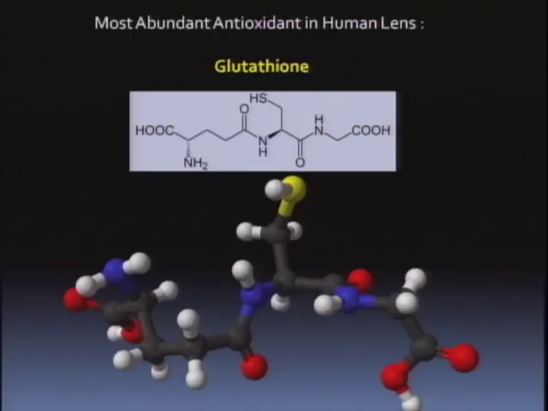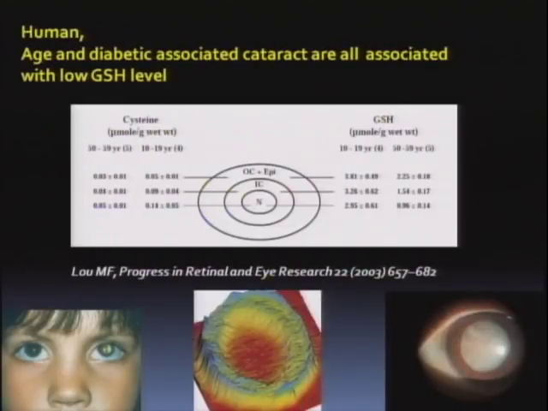One of the most abundant antioxidants in the human lens is glutathione. It has also been shown that glutathione is impaired in the aging human lens.